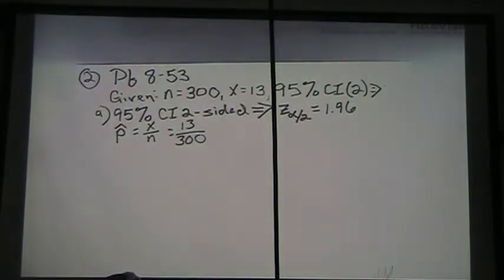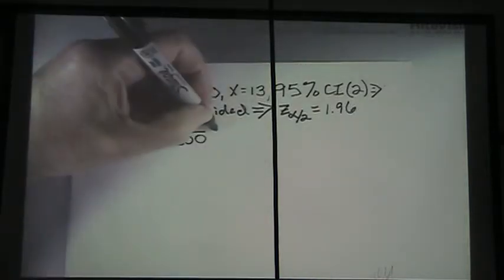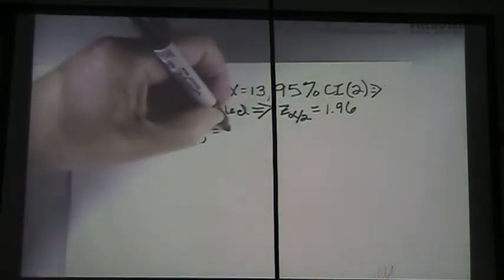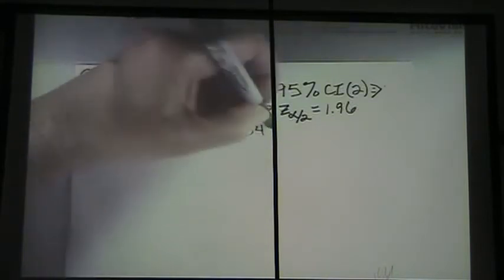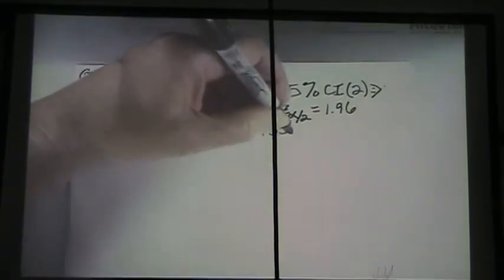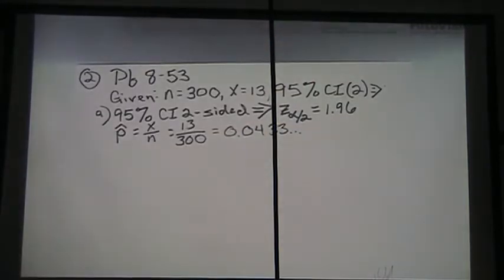And we go equals 13 divided by 300, and that's equal to 0.0433 repeating.